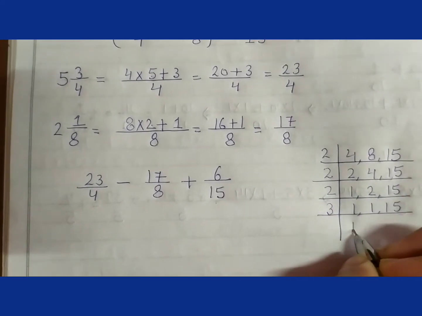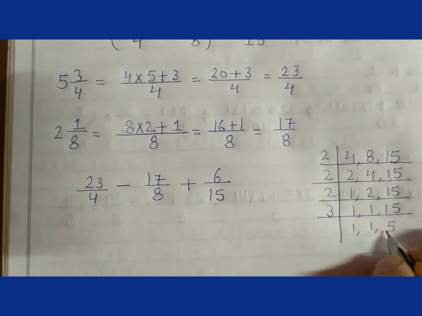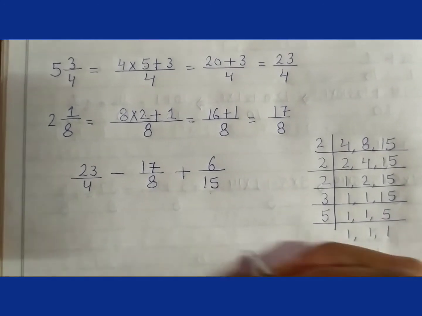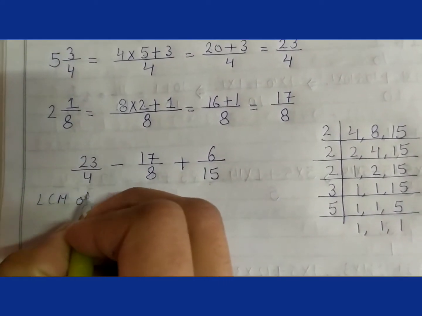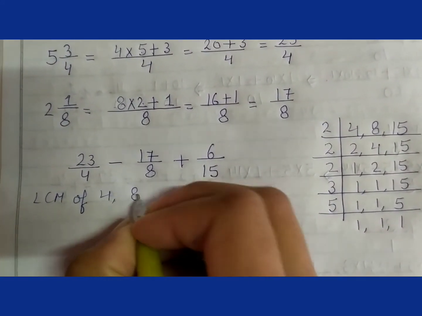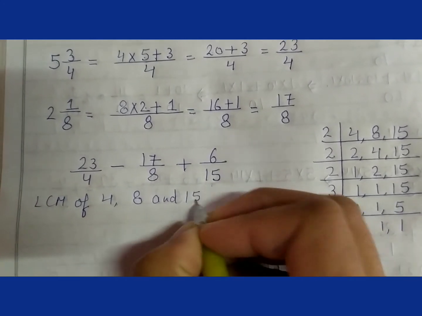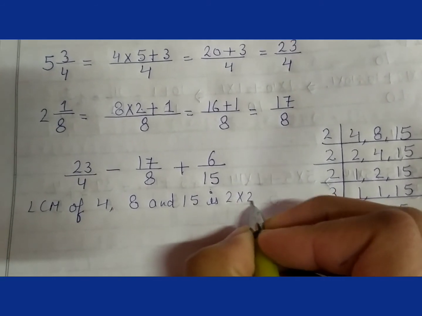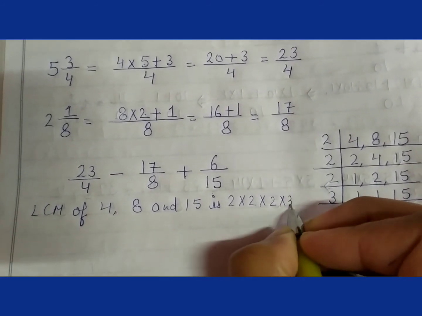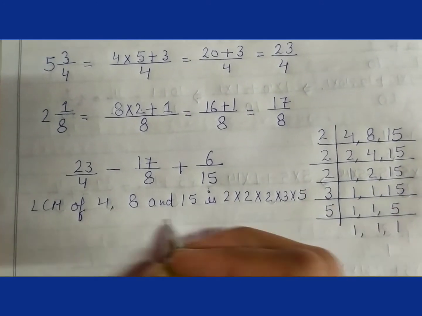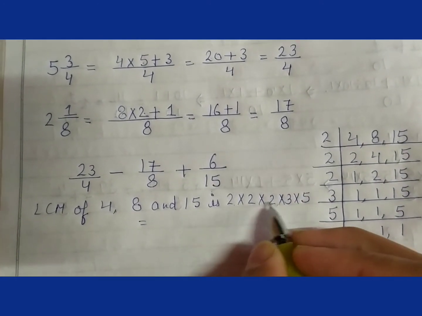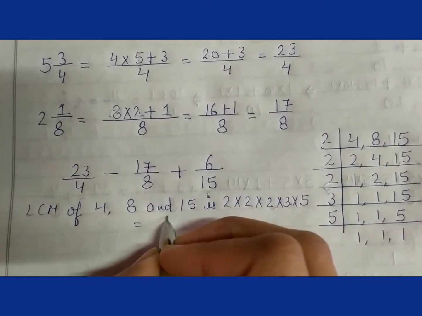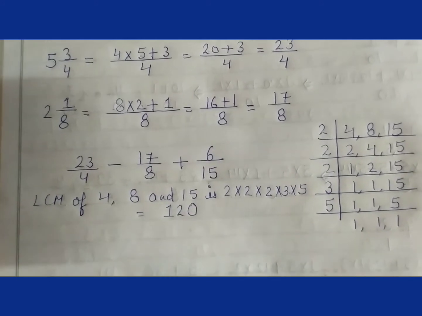Write 3, 1 as it is, 1 as it is, 3 5s are 15, write 15, 5 1s are 5. LCM of 4, 8 and 15 is 2 multiply 2 multiply 2 multiply 3 multiply 5. 2 2s are 4, 4 2s are 8, 8 3s are 24, 24 5s are 120. This is the LCM.